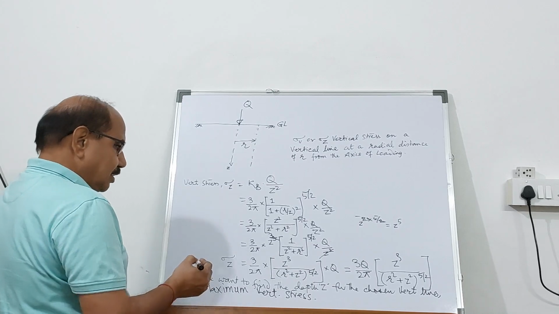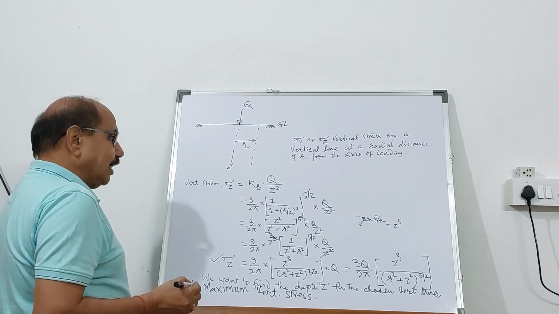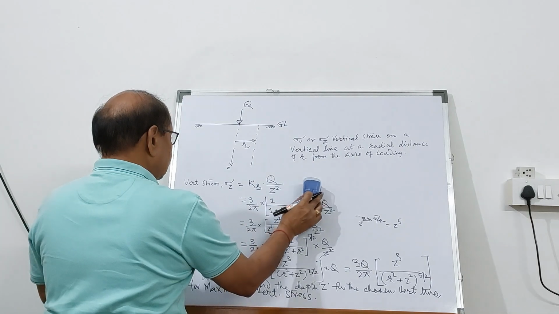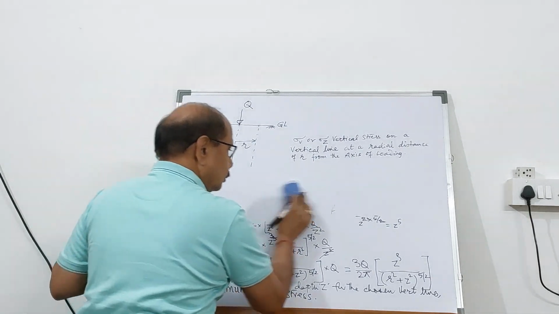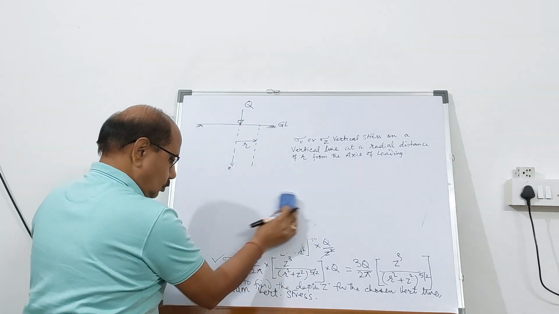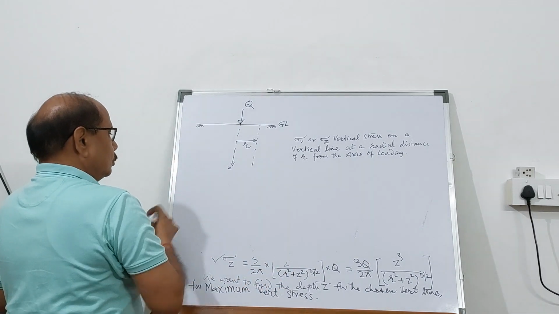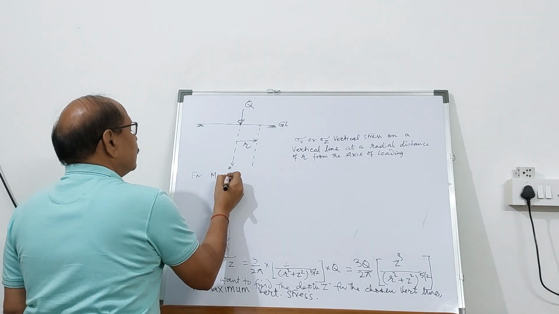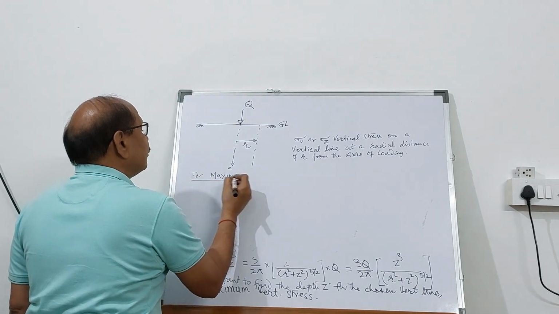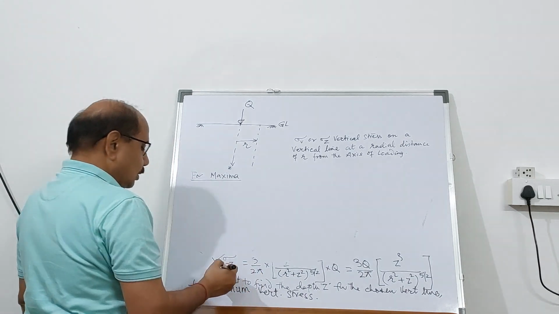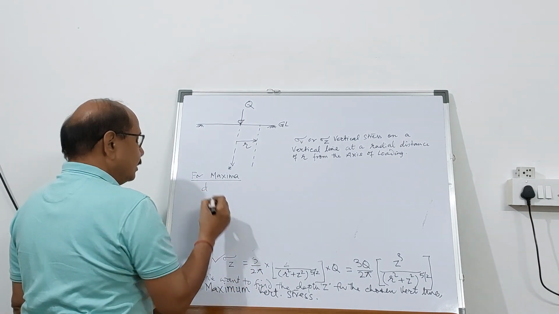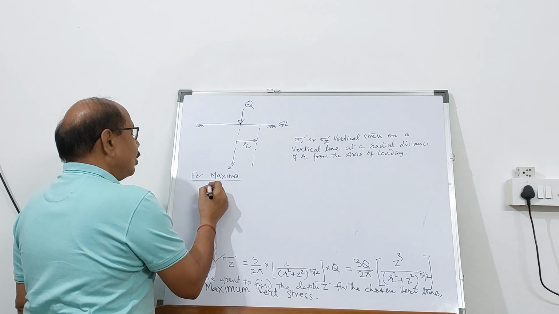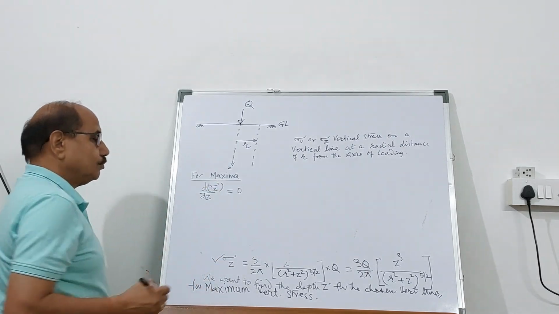That means if this is the final expression for sigma z, for maximum vertical stress of sigma z, d by dz of sigma z must be equal to 0.